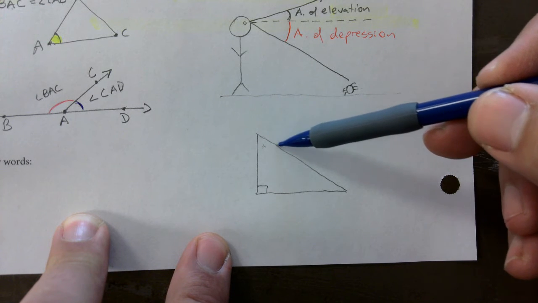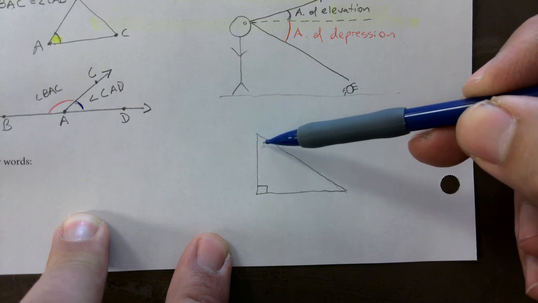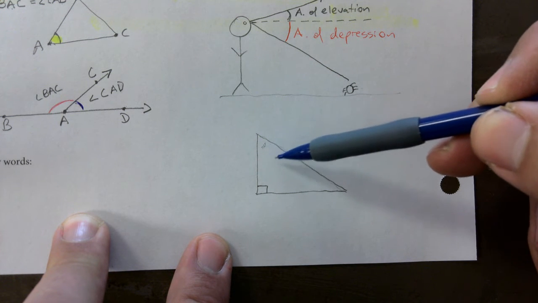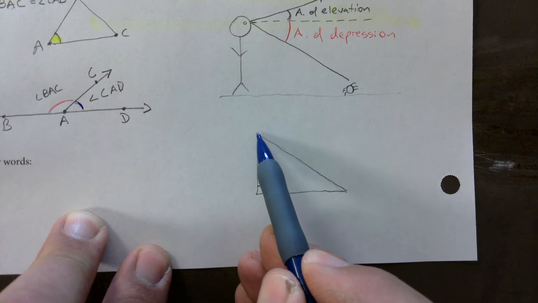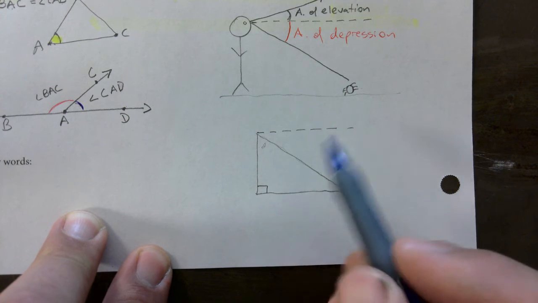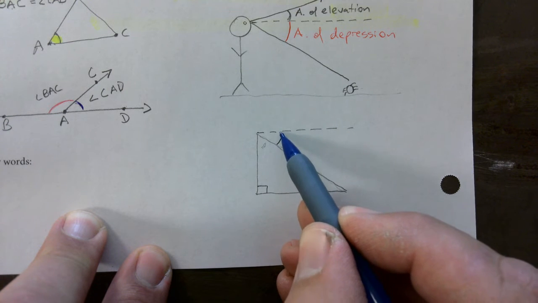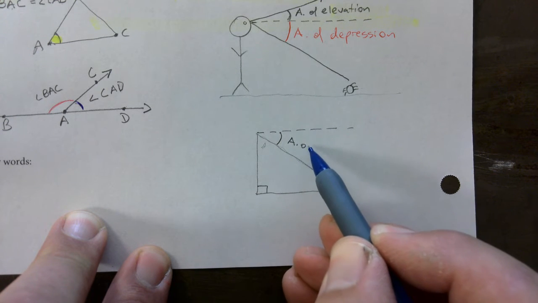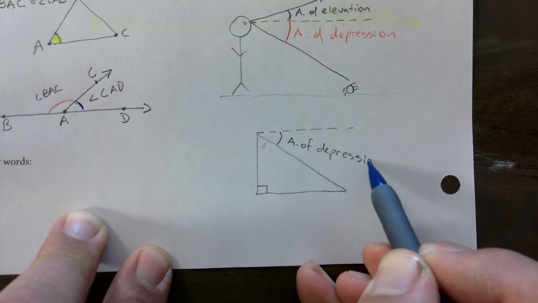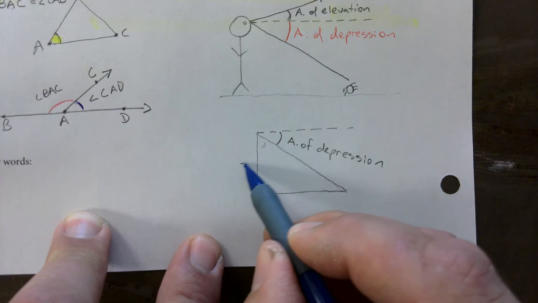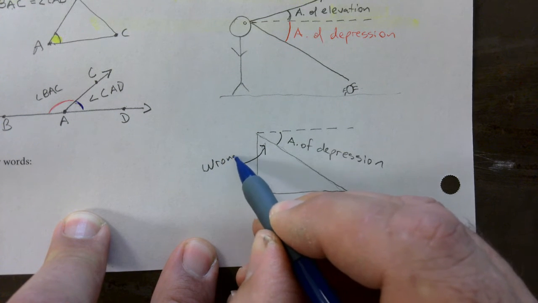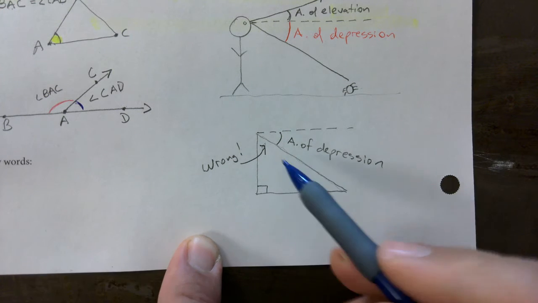Because, hey, this is the line going down, so angle of depression must be there. But is there a horizontal line involved here? No, right? So you technically have to do this. This is the angle of depression. Wrong, right? This would be wrong if you put it in there.